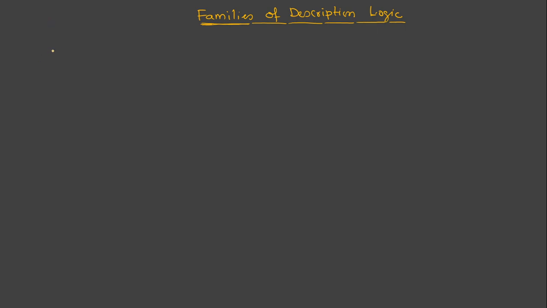That is the most basic DL family, and that is called the attributive language, and we represent that with AL.